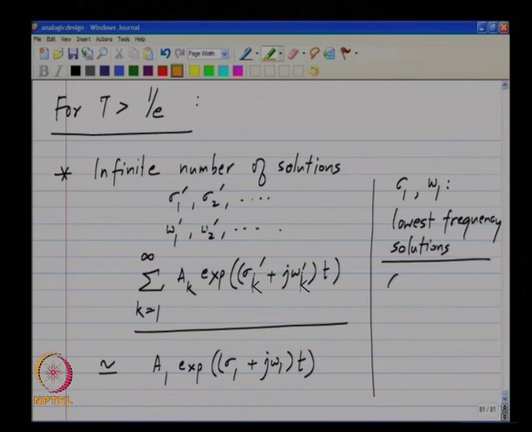That is the ones that are closest to the origin. Okay. So, this is what happens, you get an infinite number of possibilities for sigma and omega, but you take the lowest frequency ones and you will get a reasonable approximation to the final solution.